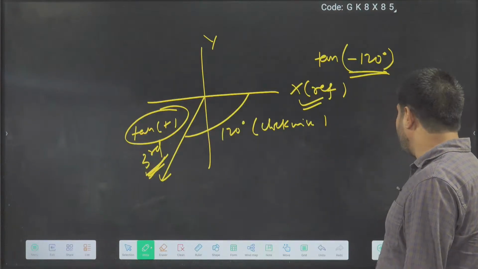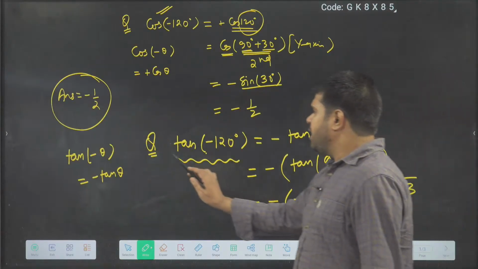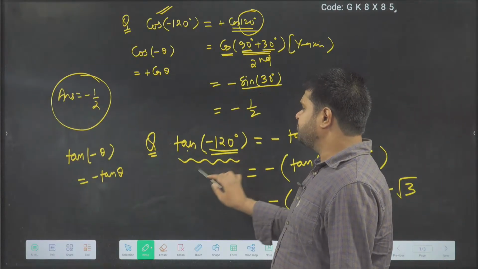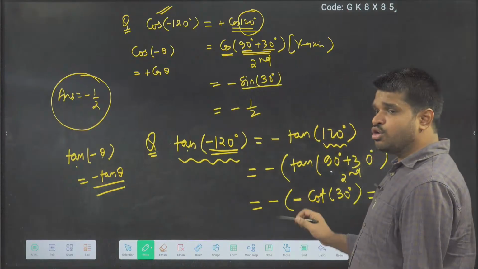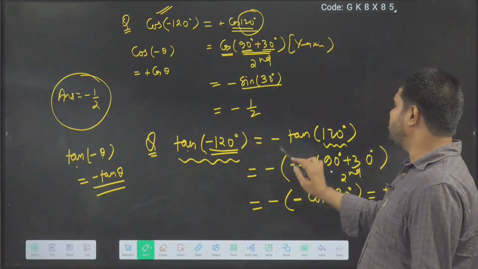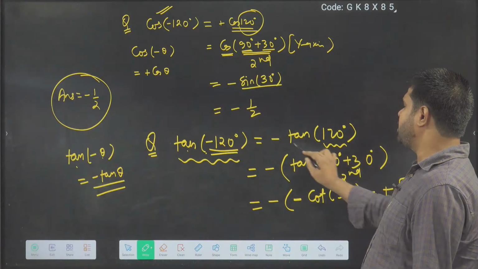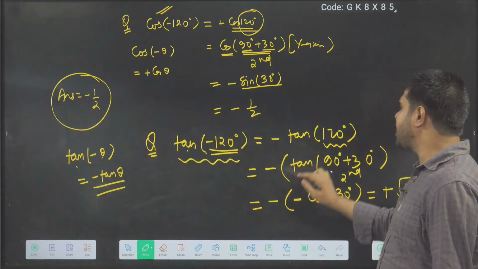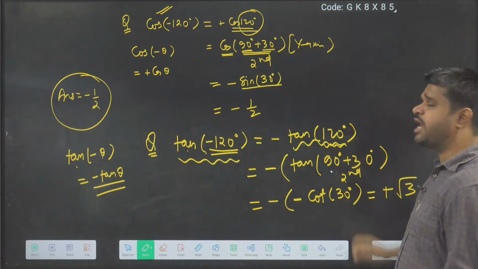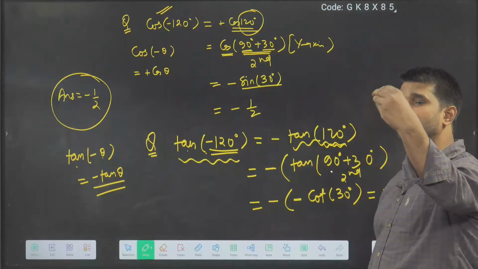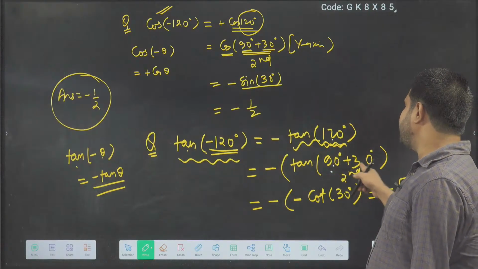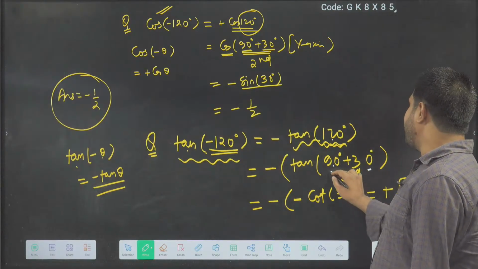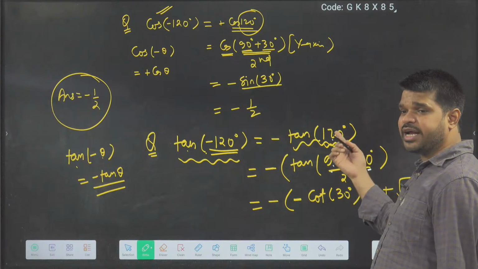So very simple. First of all, tan of minus 120. Tan of minus theta is minus tan theta. So tan of minus 120 is minus tan 120. Minus remains outside. And how to find tan 120? Last two lectures we discussed this only. I wrote 120 as 90 plus 30 degree. 90 plus 30 is an angle of second quadrant.